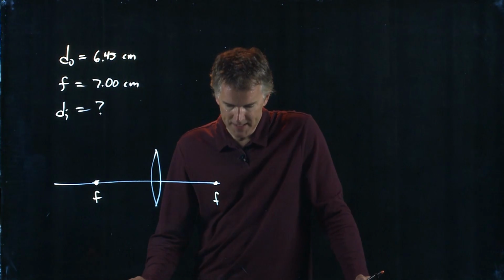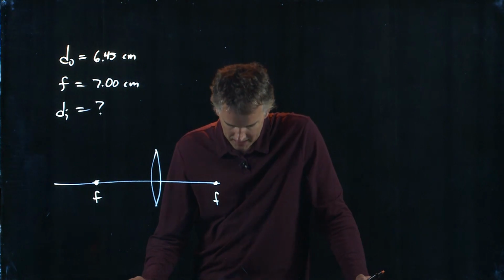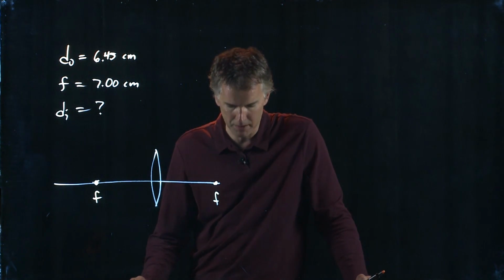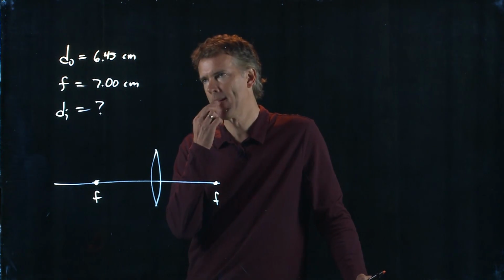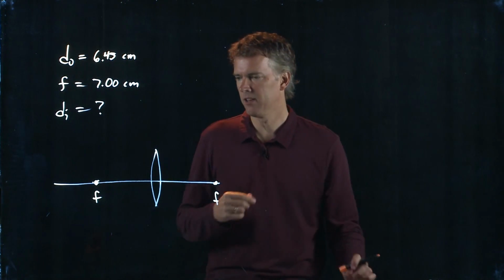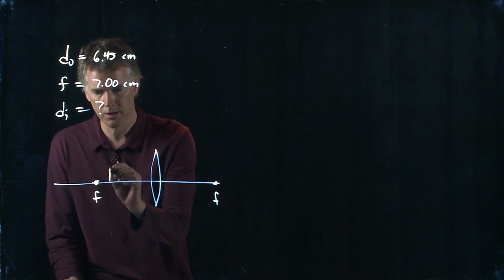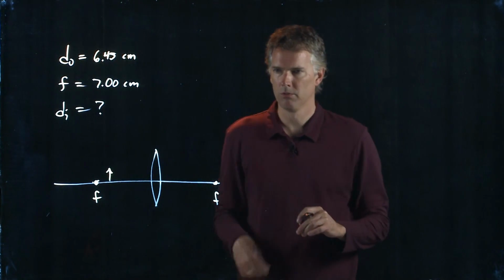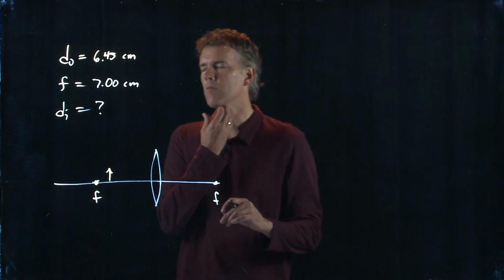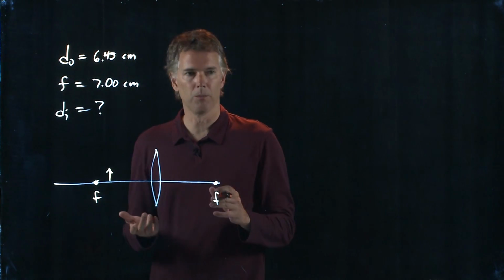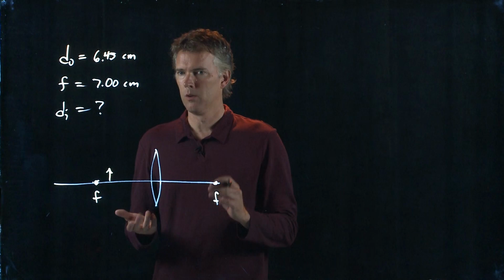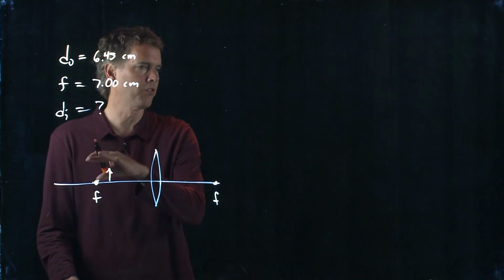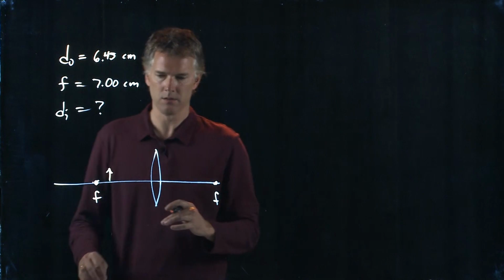Now, they tell us that the insect is placed 6.45 centimeters from the lens. And so the insect is in fact closer to the lens than that focal spot F. So we have to follow our rules again for determining where the image is, and then we'll use the thin lens equation to do the calculation.